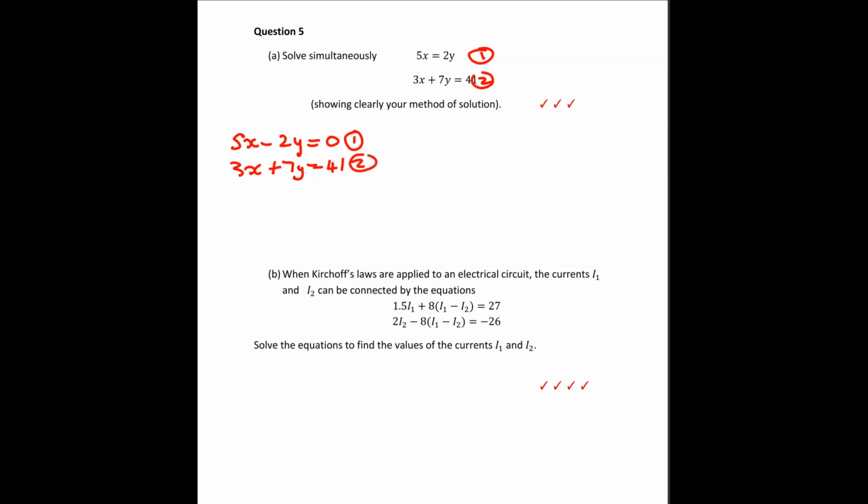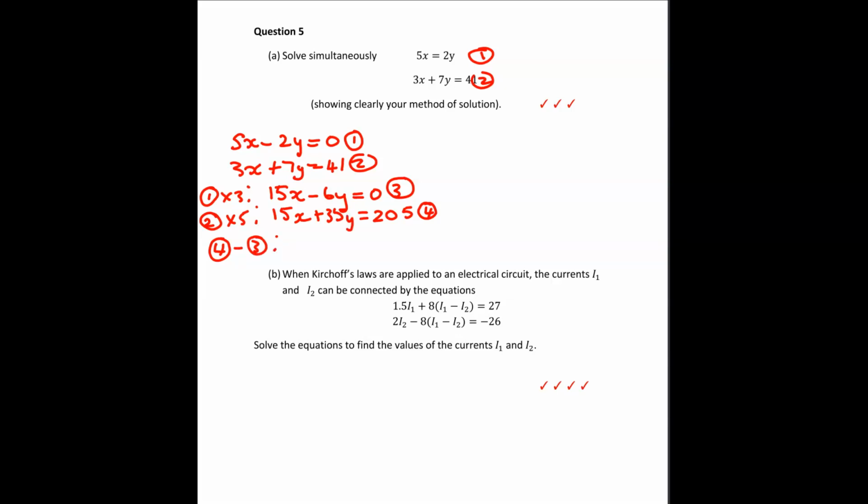Now, if you multiply equation 1 by 3, call it 3, and multiply equation 2 by 5. And then if you subtract equation 4 minus equation 3, then you're going to get no x term.